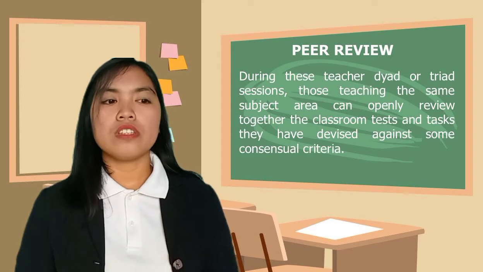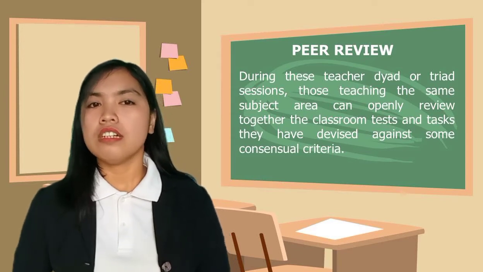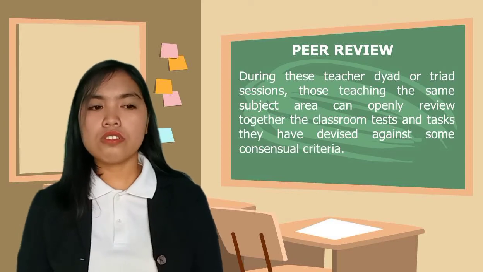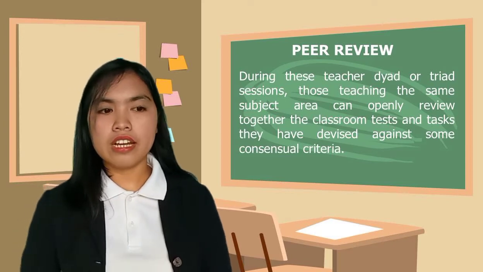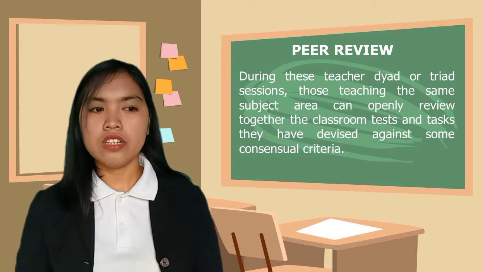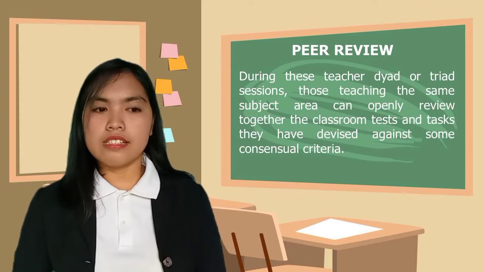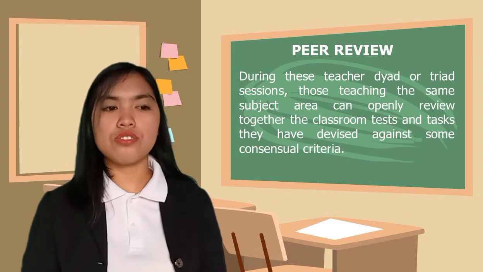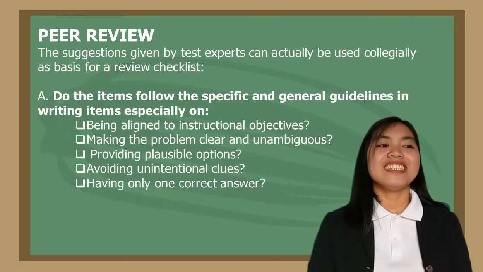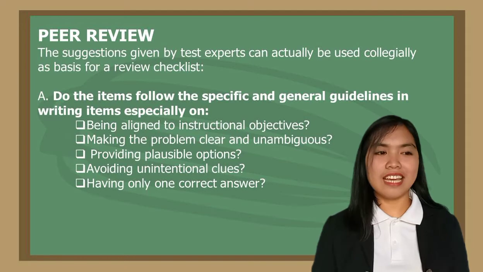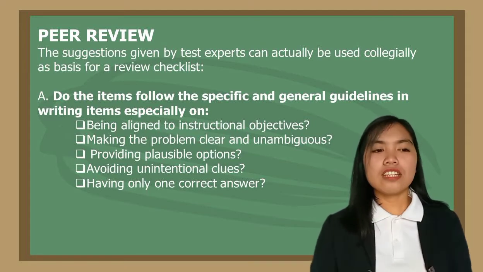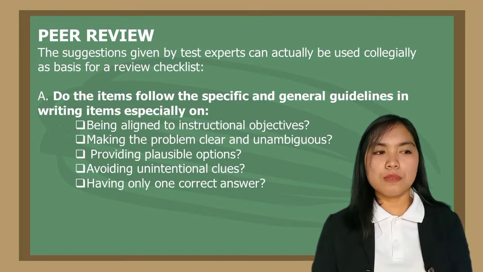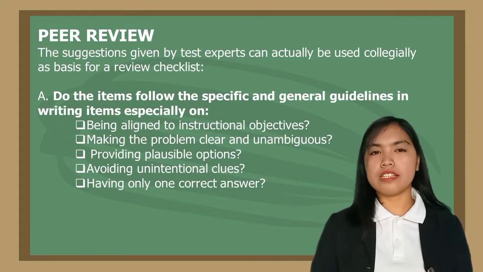Peer review. During this, in teacher dyad or triad sessions, those teaching the same subject area can openly review together the classroom tests and tasks they have devised against some consensual criteria. The suggestions given by the test experts can actually be used collegially as the basis for a review checklist.